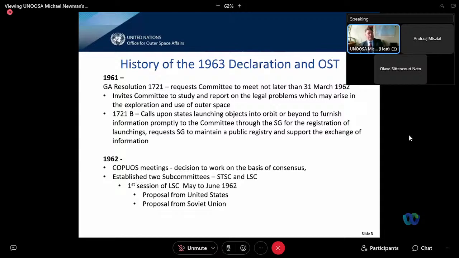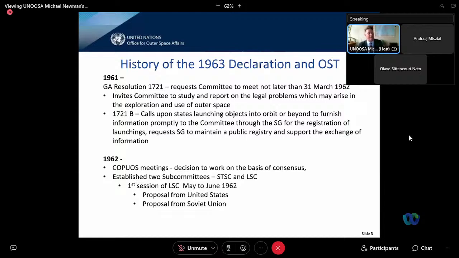We here in the Office for Outer Space Affairs receive registration information from states not parties to the registration convention, but that file information under Resolution 1721B of 1961 for inclusion into the public registry, and we make that registry public through our website, and we have an online searchable index that we have developed over the years.